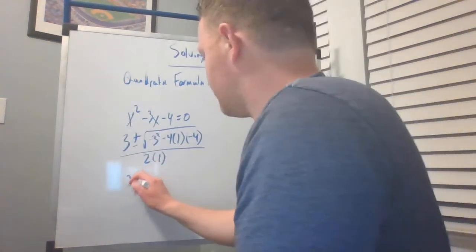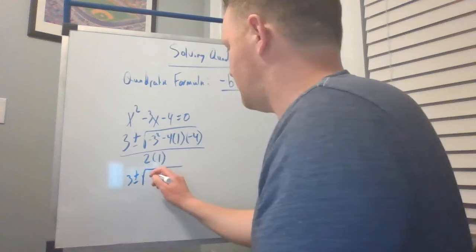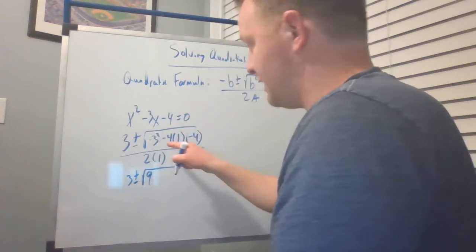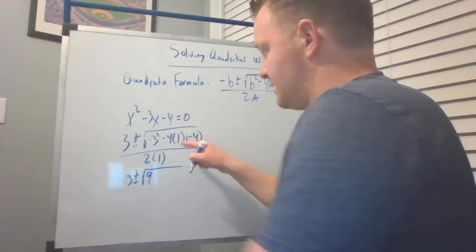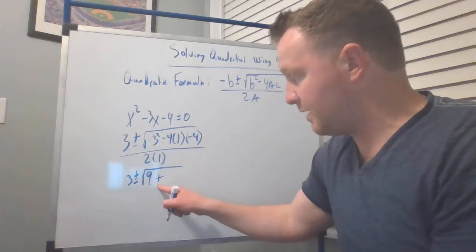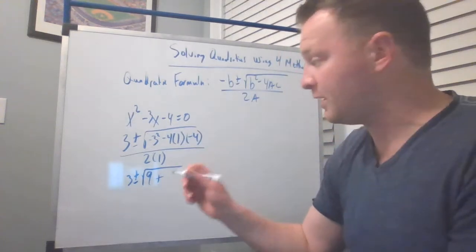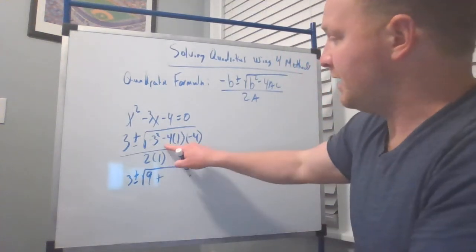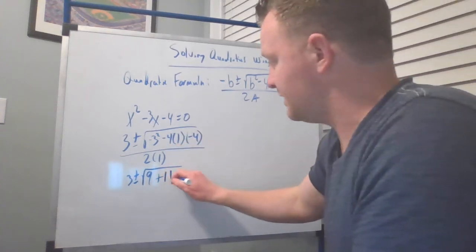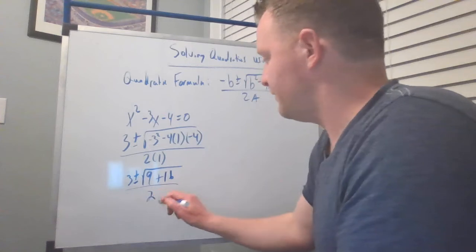So now we got 3 plus or minus square root of 9, because that's negative 3 squared, which is positive 9. Negative times positive is going to be a positive answer. Please make sure you're always doing that, because you're going to make so many mistakes if you don't, and I've seen it time and again. Negative 4 times 1 is negative 4 times negative 4 is positive 16, all over 2.